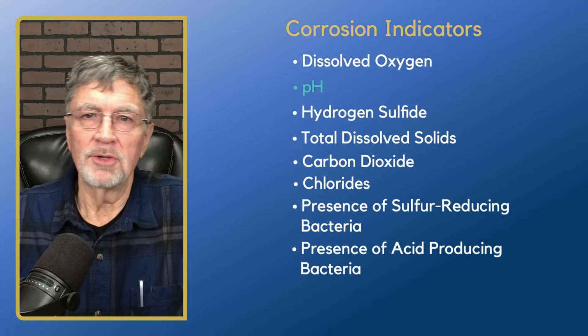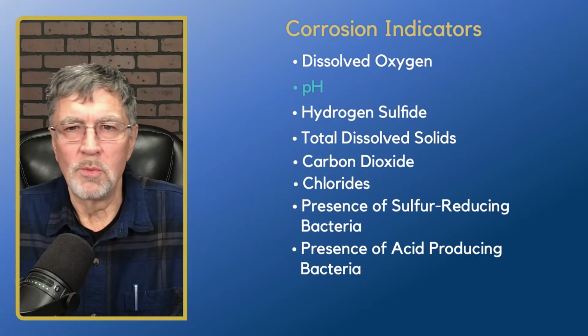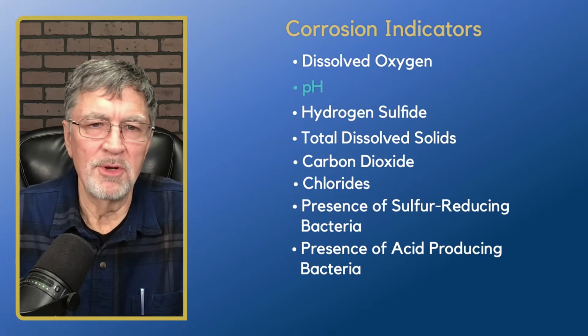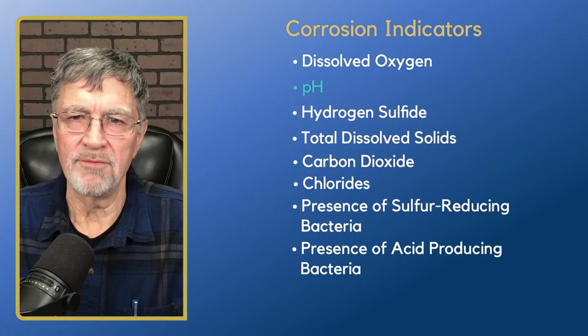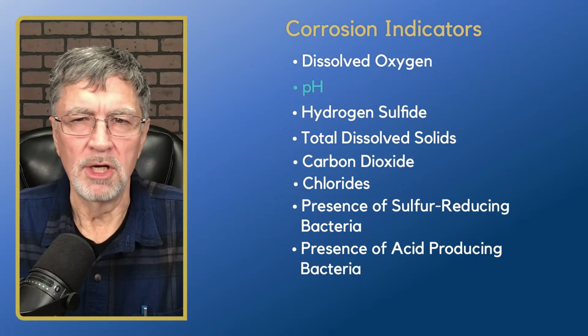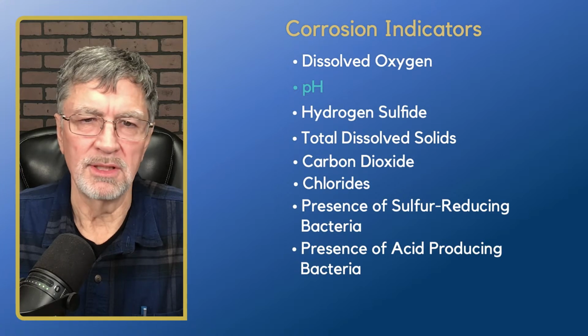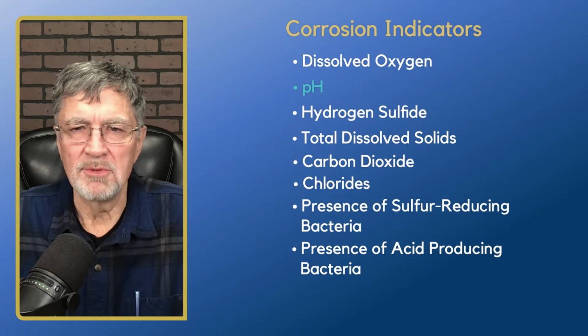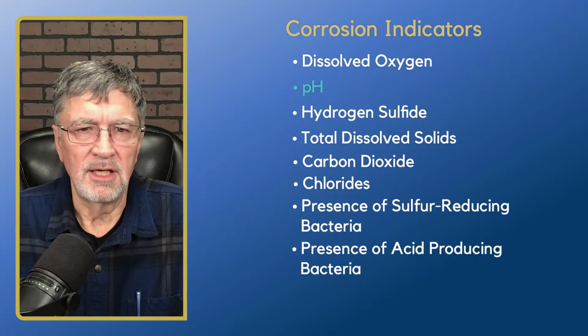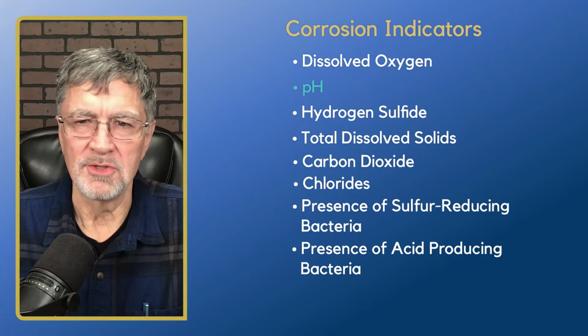So looking at corrosion indicators in a well, there's a long list here, but pH is definitely right up there at the top of the most important factors. Dissolved oxygen, of course, is a big one, and that certainly helps promote the corrosion. And then some of these other factors in here as well. Total dissolved solids, obviously, and that's part of your LSI calculation as well.